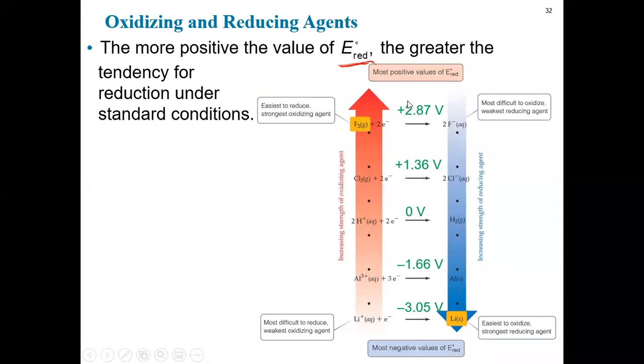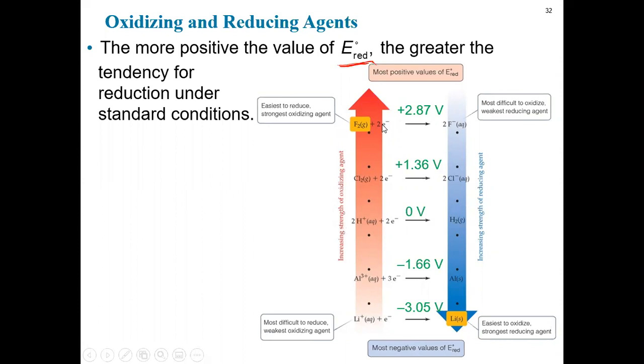Then you can see there are a few specifications we can see about those reactions. The most positive value of E reduction is on the top, the most negative value of E reduction at the bottom. Then you can see those on the left side, the reactants, they are oxidants, and going up, the strength of oxidant increases because they have a very large potential to be reduced.